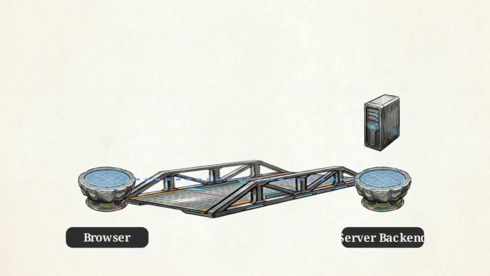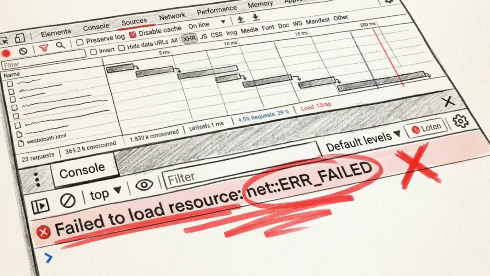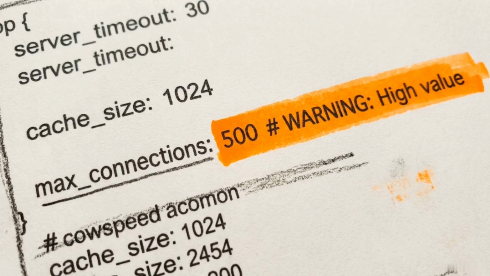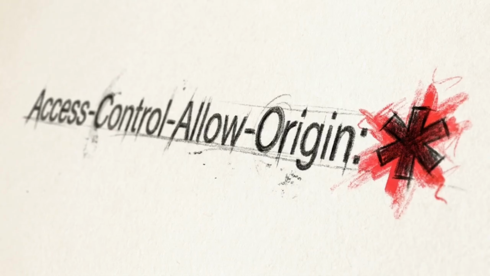Now we return to the exact moment of the fetch error from our initial setup. In that scenario, the server actually received the request. It processed the credentials, executed the query, and sent the sensitive payload back over the wire. But the browser intercepts the server's response before the JavaScript engine is allowed to read a single byte. It evaluates the transaction against the W3C specification. It spots the credentials include flag. It spots the wildcard response.